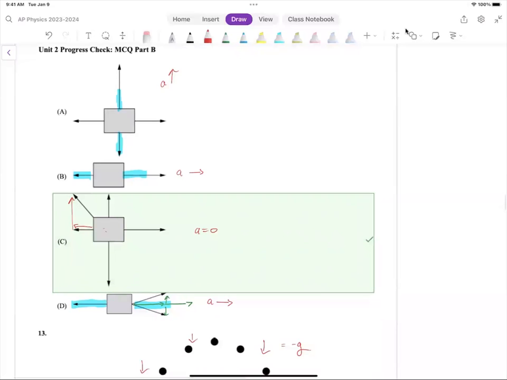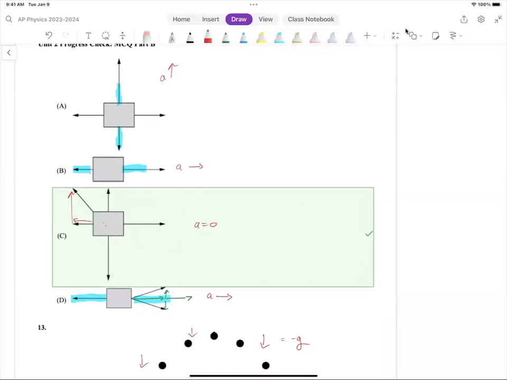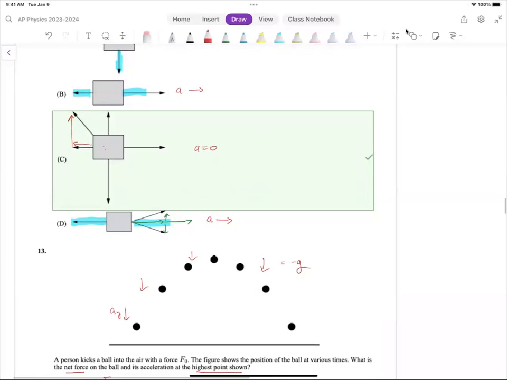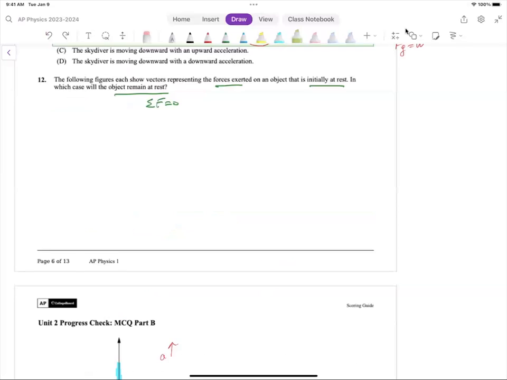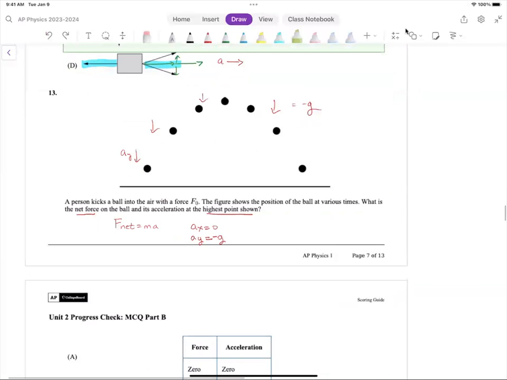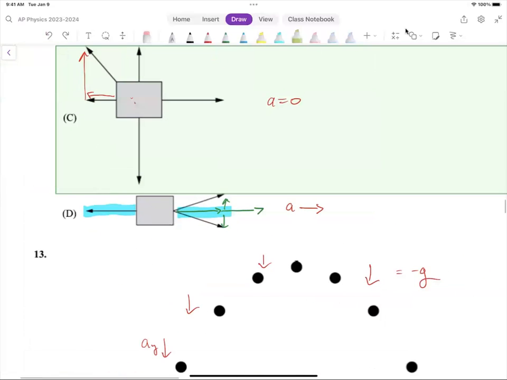B, same thing. Left force is smaller than the total right force. I'm going to accelerate to the right. I'm going to go to D. This is one people often pick. And if you were to take the forces that I just highlighted in green and break them up into their X and Y components, there's a piece of the top one that's in the X direction, which is equal to the piece of the bottom one in the X direction, and I have to double that length.